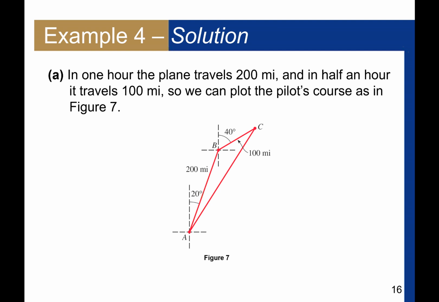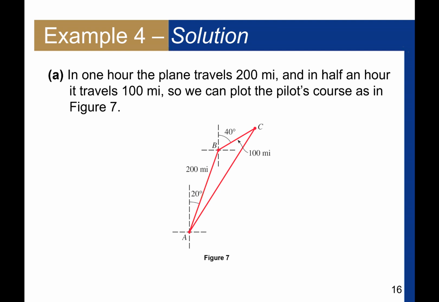Okay? It said the plane was going along at 200 miles an hour. For that first part of it, heading in that bearing for 1 hour, that's a distance of 200 miles. Pretty simple math there. The second part of it said it was half an hour after that course correction.